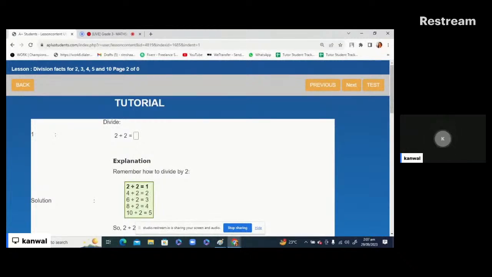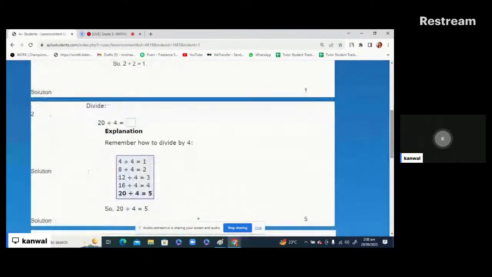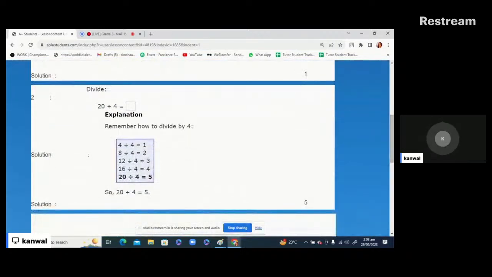You tell me, when you divide 2 over 2, what answer do you get? That is 1. This is the simple thing. Let's divide this: 20 divided by 4. Let's do that one.